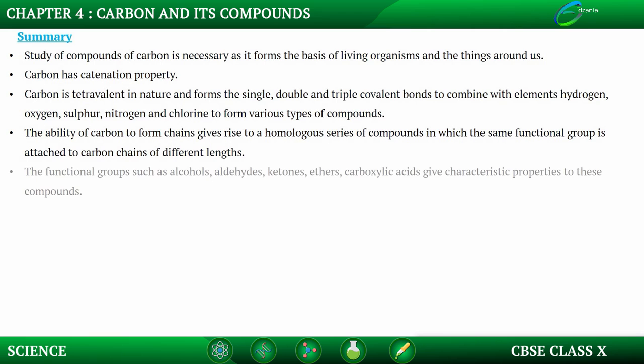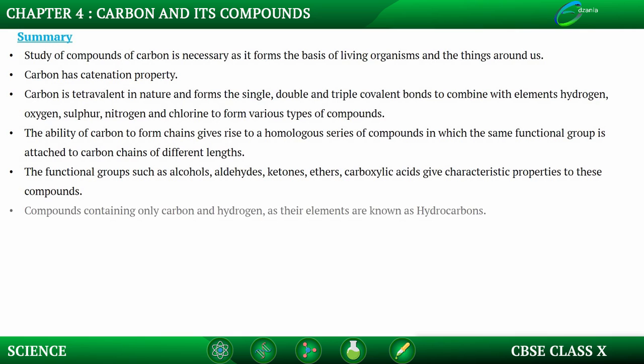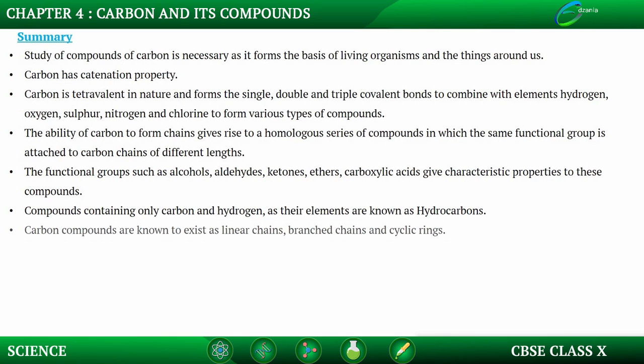Functional groups such as alcohols, aldehydes, ketones, ethers, and carboxylic acids give characteristic properties to these compounds. Compounds containing only carbon and hydrogen as their elements are known as hydrocarbons. Carbon compounds are known to exist as linear chains, branched chains, and cyclic rings.